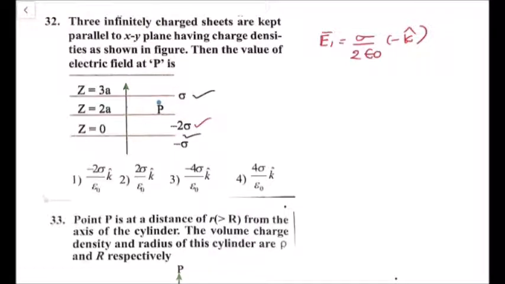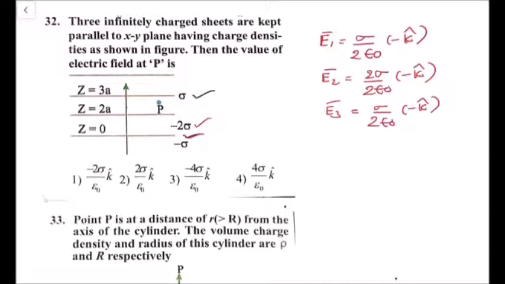So the intensity of electric field due to the second one is E2 bar is equal to 2 sigma by 2 epsilon naught, minus k cap, and due to the third one, minus sigma, the intensity of electric field is the same as before. The direction of electric field is perpendicular to the plane containing the charge sheet, and the charge sheet is in the xy plane, so the electric field is in the z direction.